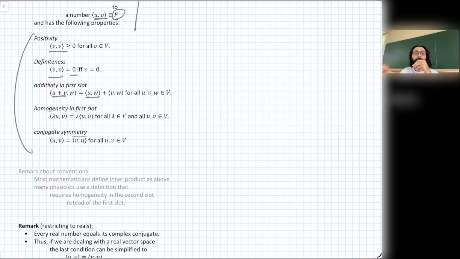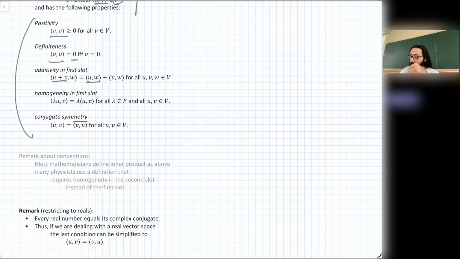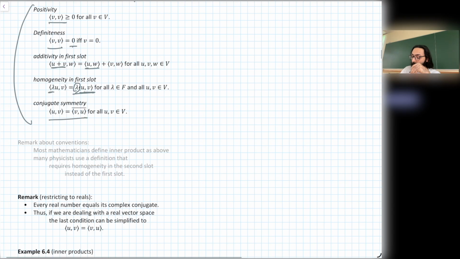And then we had homogeneity. So if you multiply the vector with a scalar lambda, you can bring the scalar out and take the inner product with the rest of the vector. And the last one was conjugate symmetry: the inner product of u, v was the same as that of v, u, but with a complex conjugate.